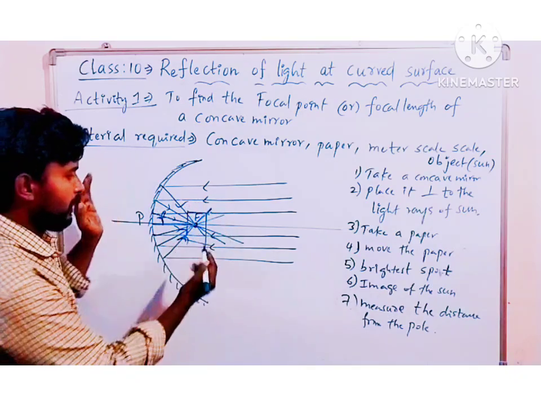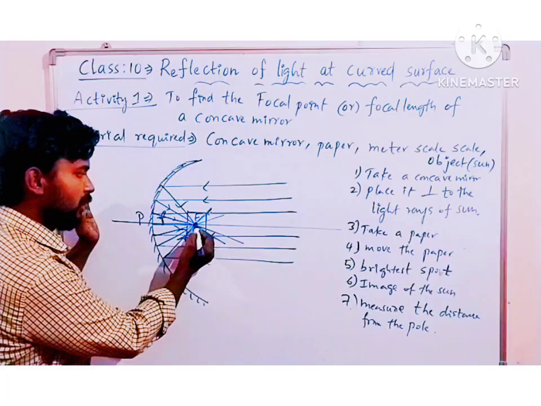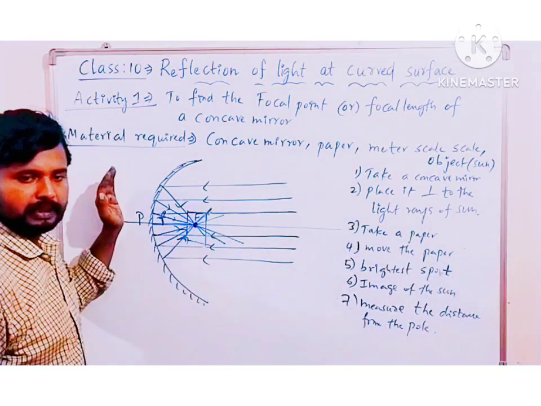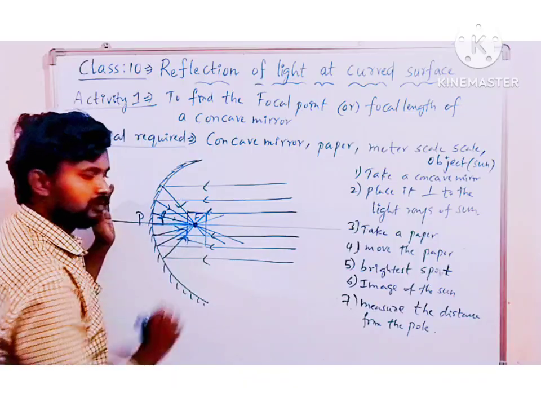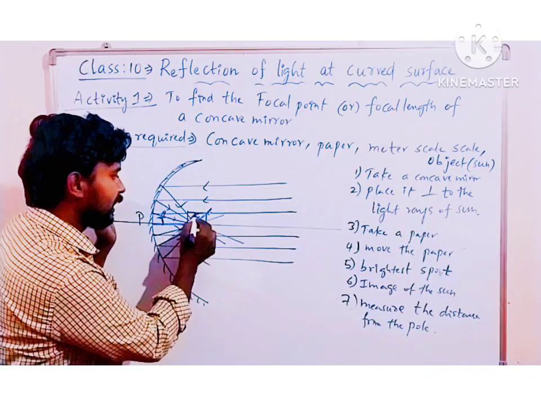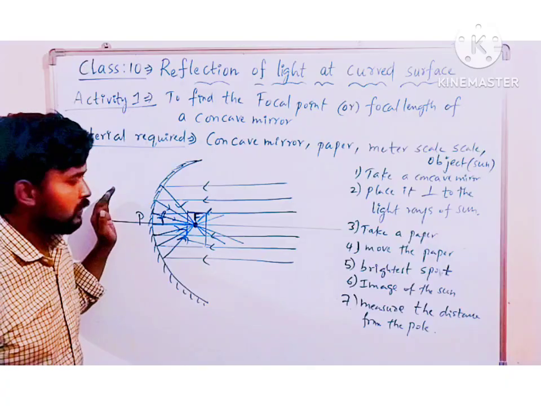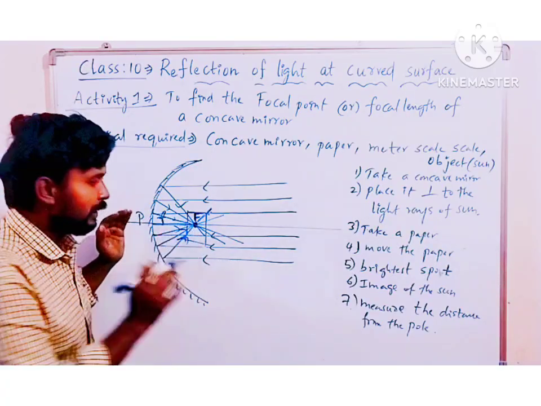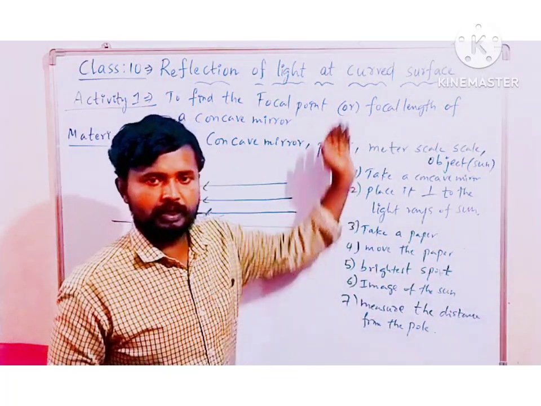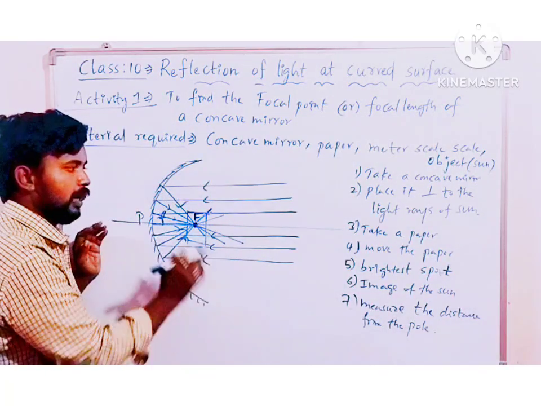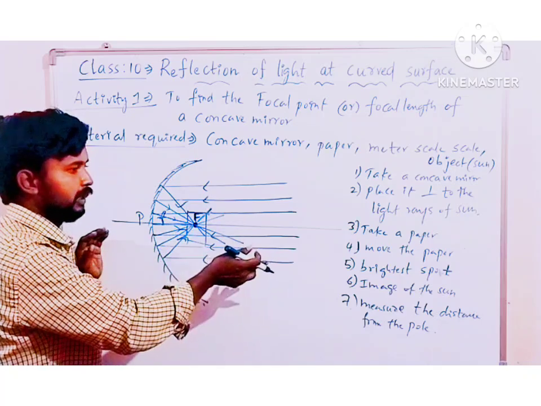On the paper, where you find the brightest spot, it is the image of the sun. This point is called the converging point. When you measure the distance from the pole to this converging point, this gives the focal length of the concave mirror. We can understand this using ray diagrams.